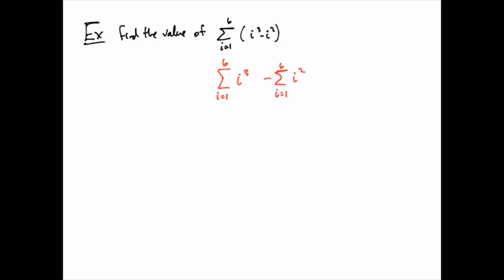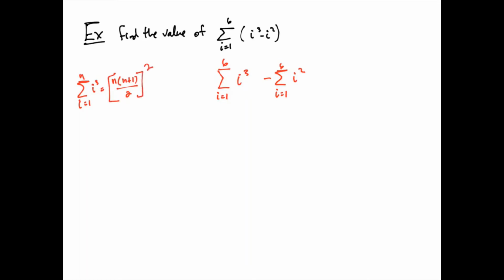And then, remember, for the sum of i cubed, this is n times n plus 1 divided by 2, and that is getting squared.